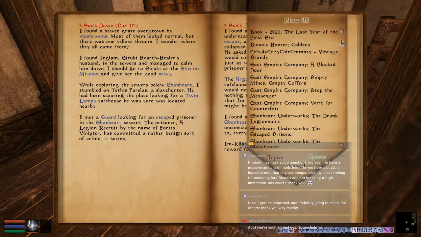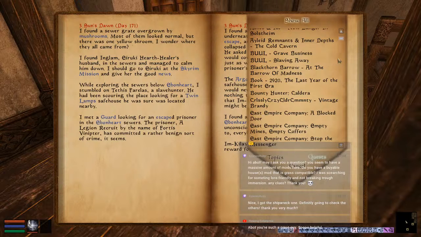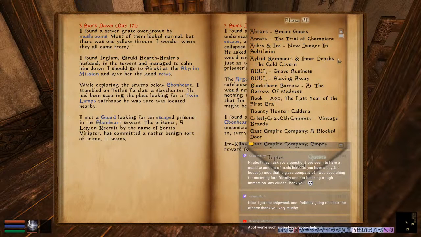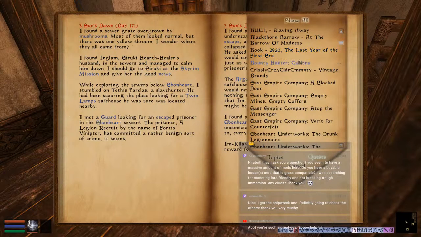As you can see, I have a great number of quests still going, and a bounty hunter from one of the mods.